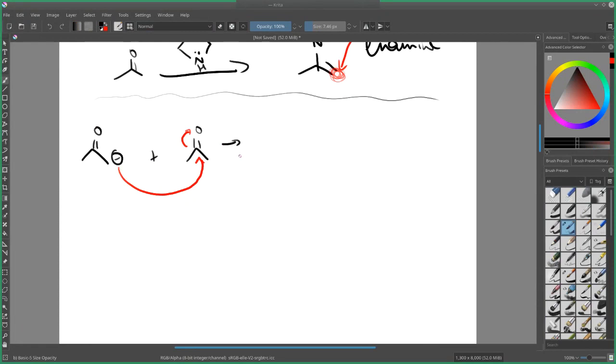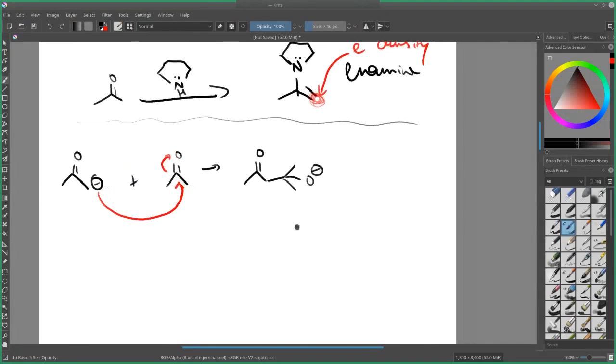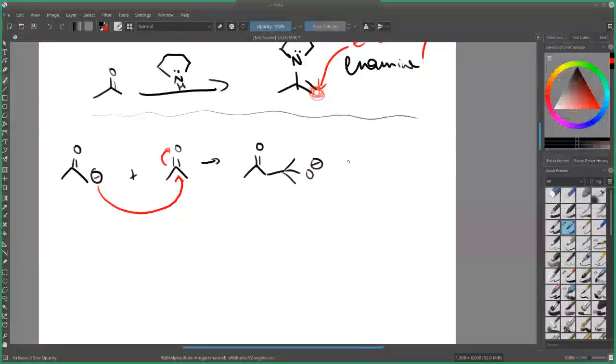So this will go and make a bond that goes there. Okay? And from there, if you want, then you could take this O minus and you can give it to some water. Right? And there you go.